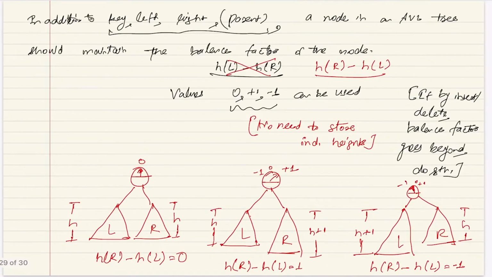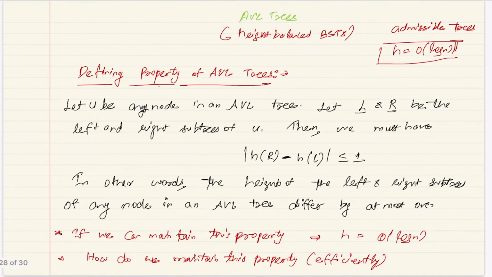So now let's try the proof that if I'm maintaining this property that the mod of HR minus HL is less than or equal to 1, then I can maintain height as order log n. Okay, so one thing to remember, height is always omega log n, right?